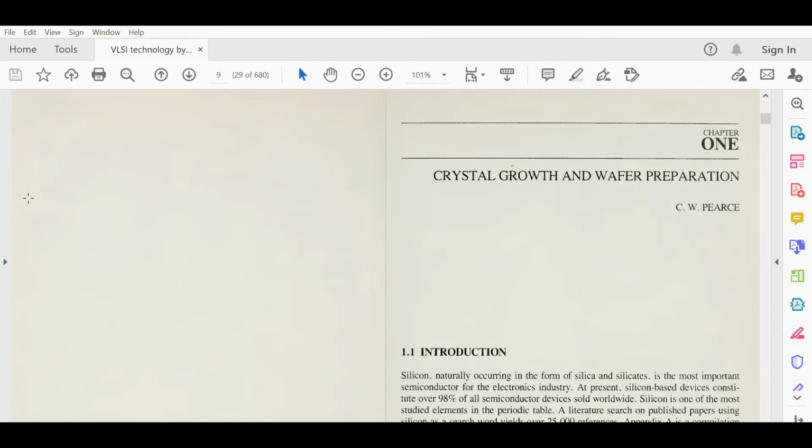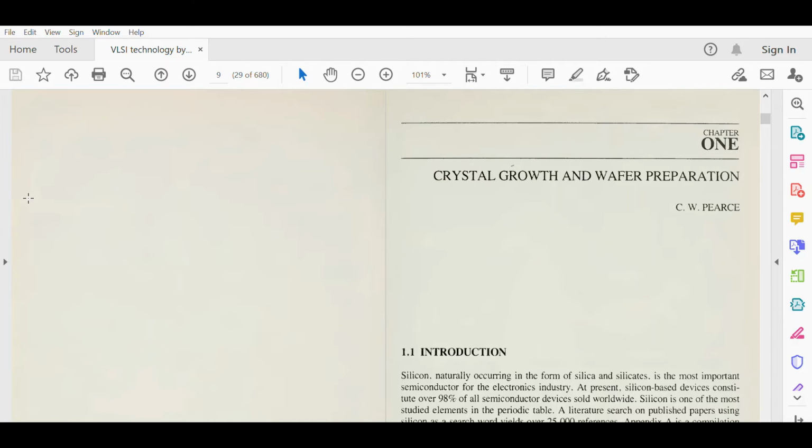The first important electron device was the vacuum tube. Later on vacuum triodes were there, then diodes, then finally on 23rd December 1947, the invention of the bipolar junction transistor completely changed the story of the development of electronics.